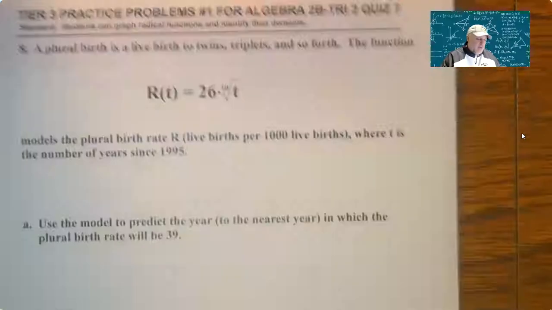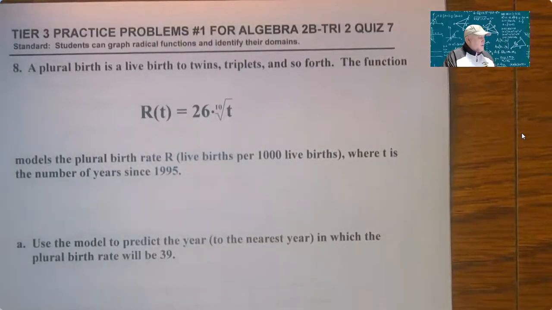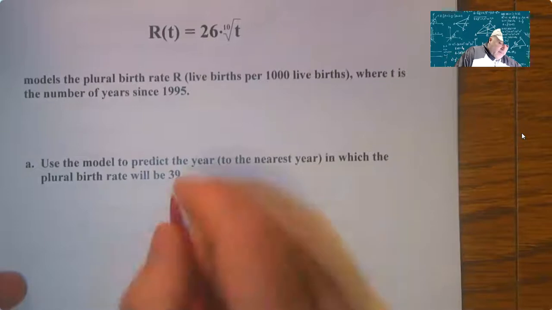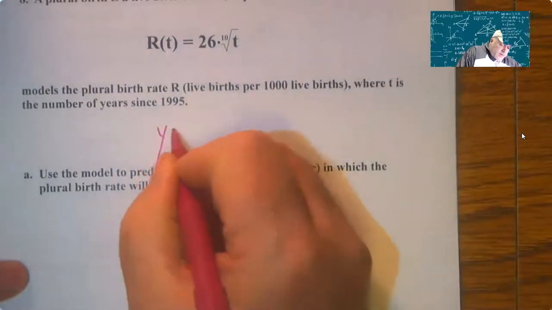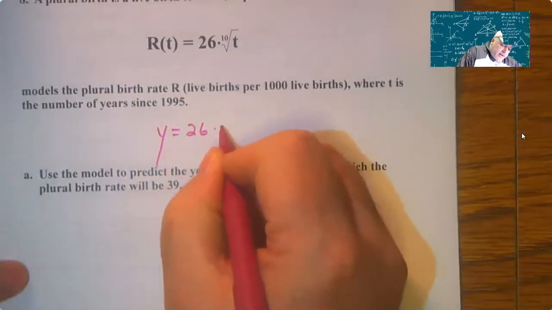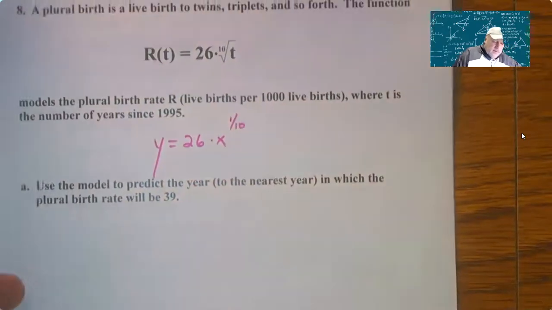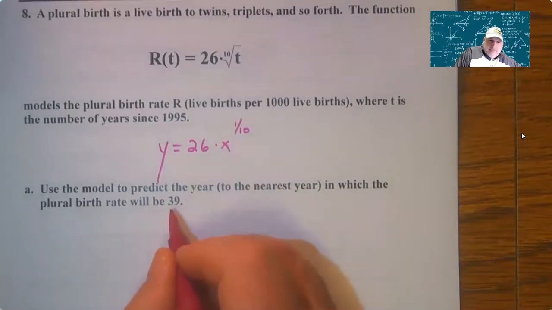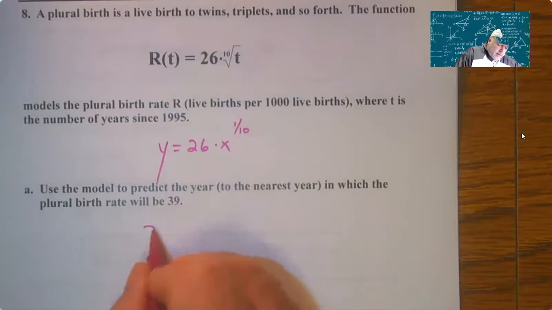Okay, application problem. So if you want to do algebra instead of looking at the graph, you're just going to look at this as y equals 26 times x to the 1/10 power. That's what that is. So this means when y is 39, the plural birth rate is 39.